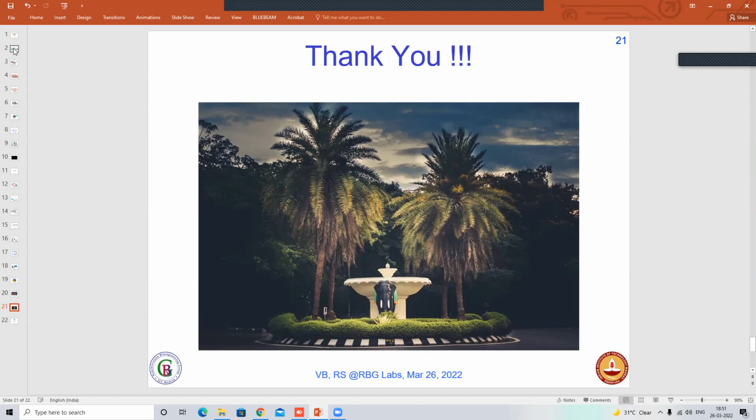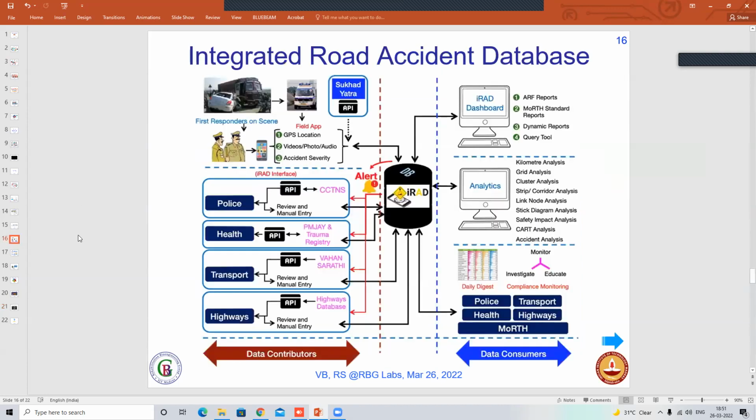We are doing it. We started with the XYRAD, which is an accident database. Initially the data didn't exist, or didn't exist well enough for policy to be driven by it. So we said first we need to have data. So we started the program called XYRAD, and that is a challenge by itself. Getting one department to work is a challenge. So we were trying to get 4 big departments in the states to work in tandem.